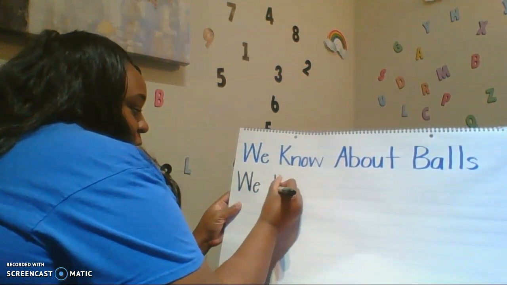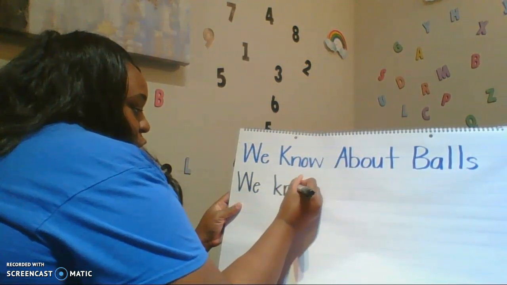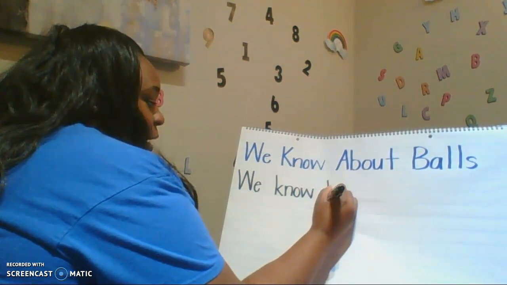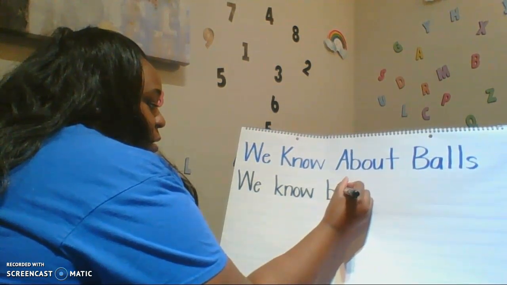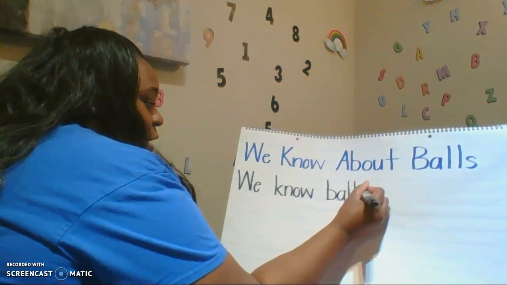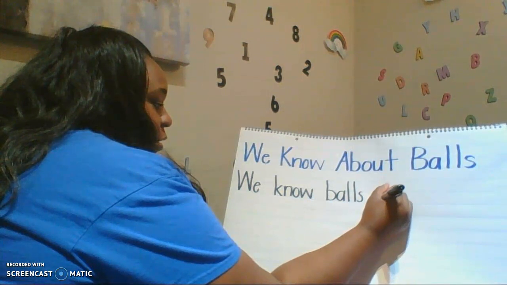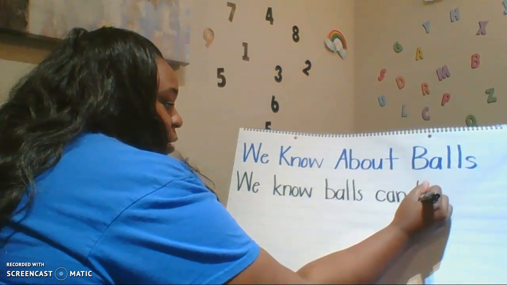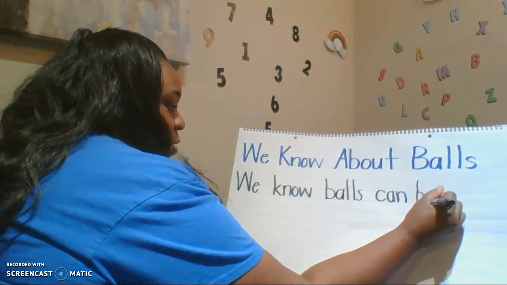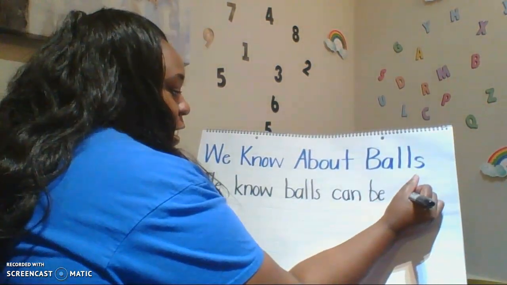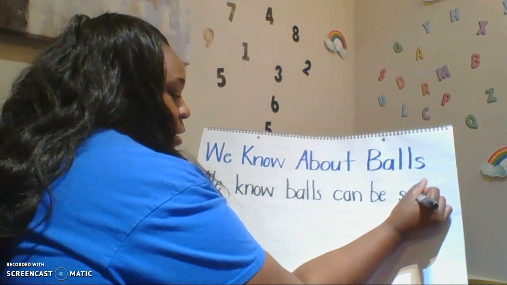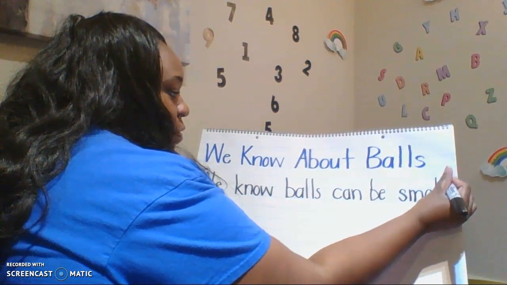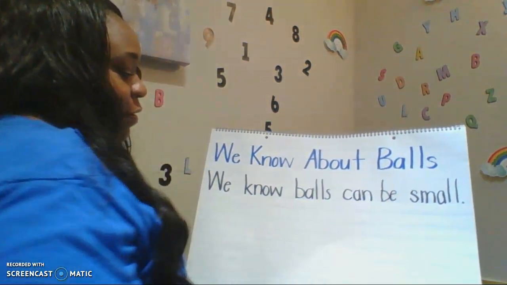We know, lowercase k, N-O-W, balls, B-A-L-L-S, can, C-A-N, be, B-E, and then I'm going to write the word small, S-M-A-L-L. And my sentence is done, so I'm going to put a period there, okay?